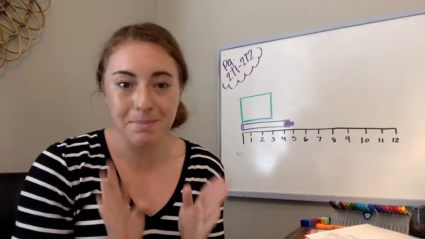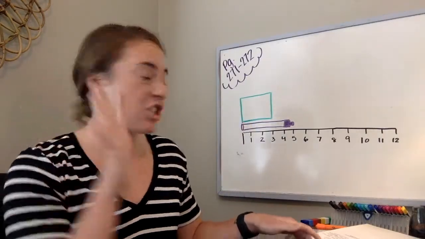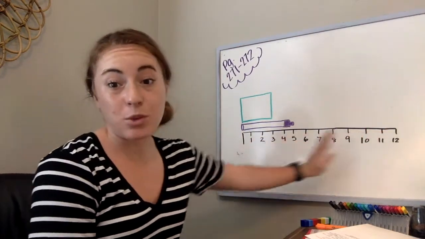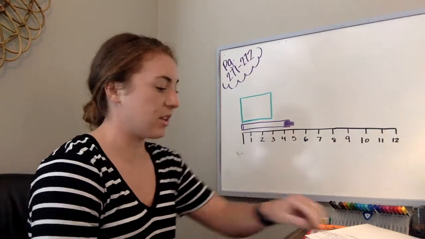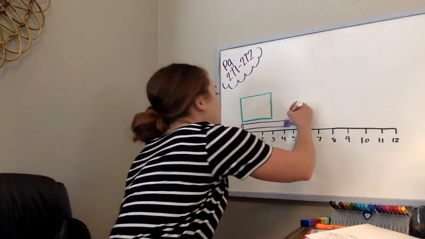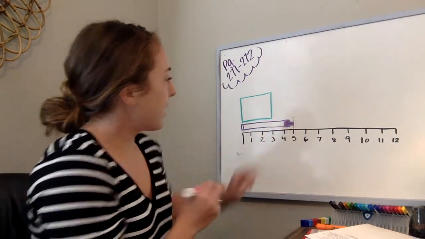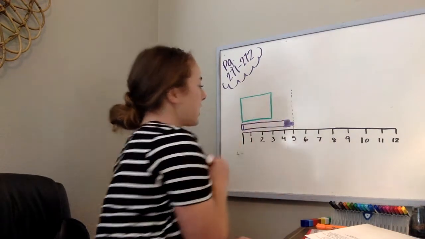So we just measured that my whiteboard marker was 5 inches long. And I tried to draw this. So this is my ruler. Remember, it had 12 inches. And then my whiteboard marker is 5 inches long. And I'm just going to show a little red dotted line to show that my 5 inches is my purple expo marker.